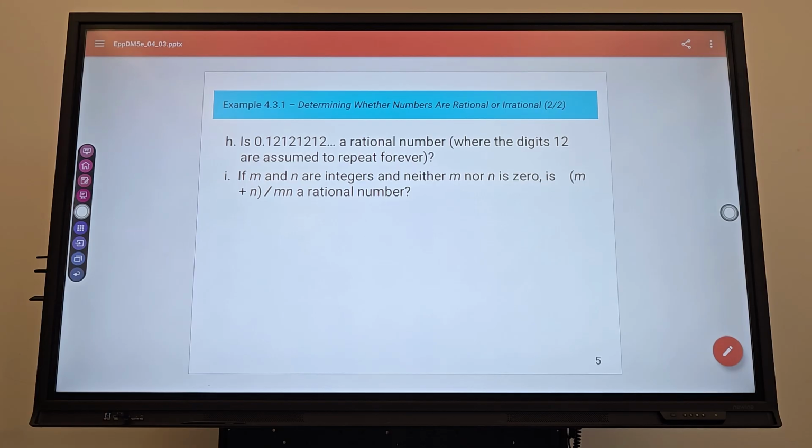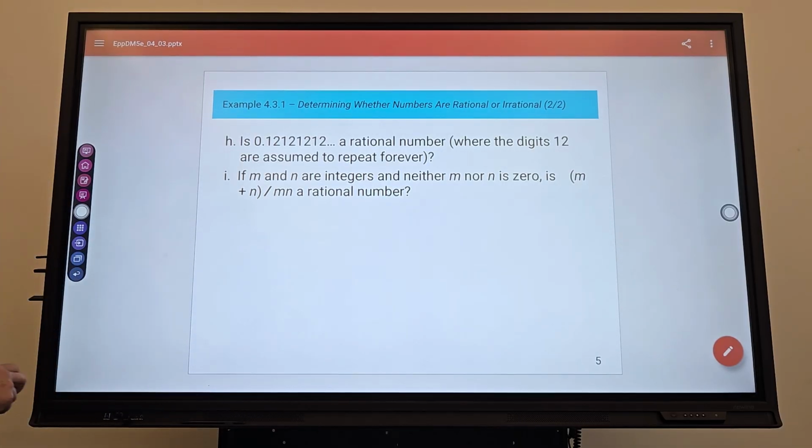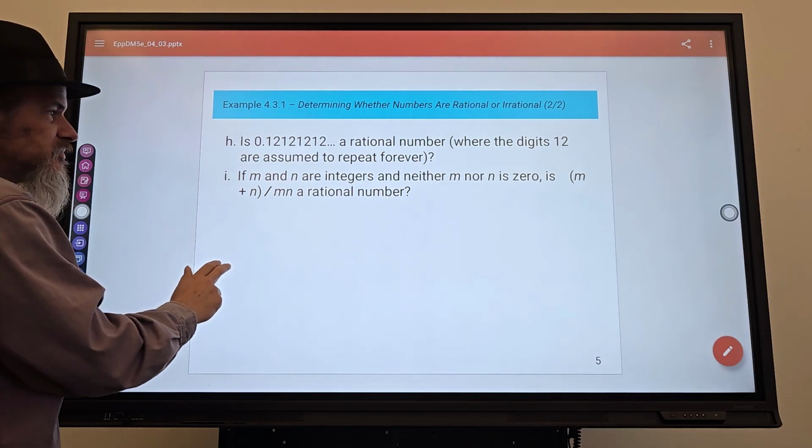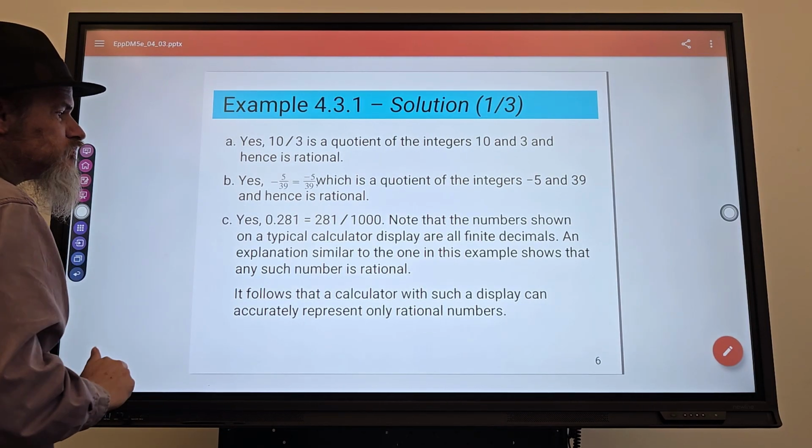M and n are integers, so yeah, it's a rational number because m plus n is an integer and m times n is an integer, and neither m nor n is 0, so the denominator is not equal to 0.